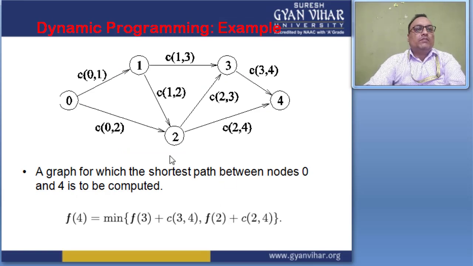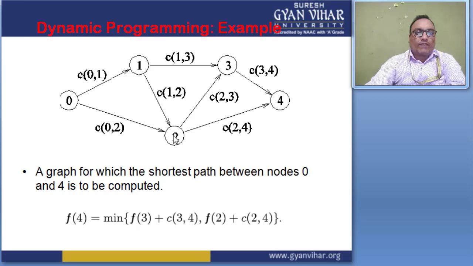This problem is converted into a graph. Here node 0 breaks into two smaller constituent nodes, 1 and 2, and this is the cost associated with 0 and 1, so the cost is c0,1. Here the cost is c0,2. Then this is divided into two parts: one branch meets the second node and the other branch meets the third node.